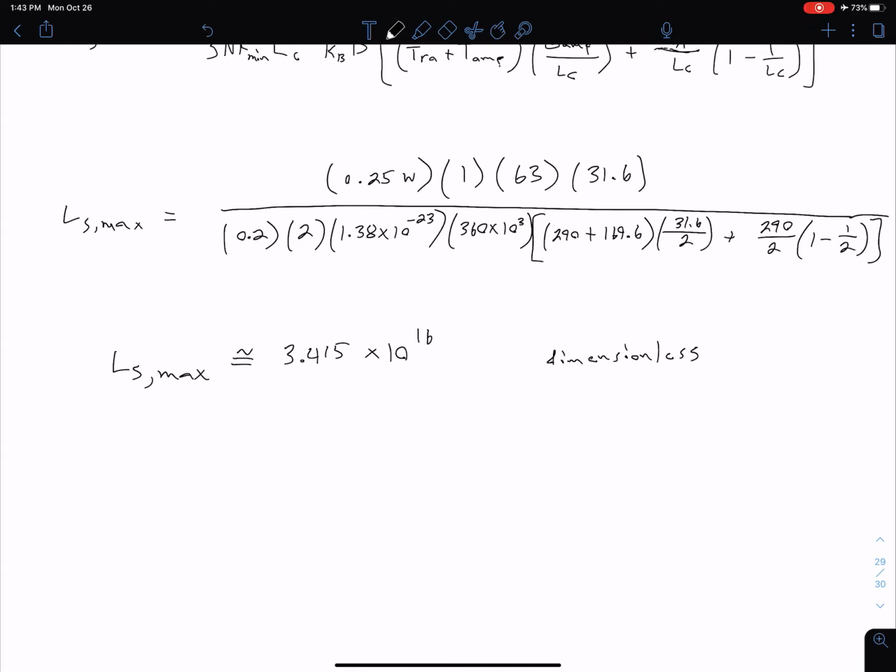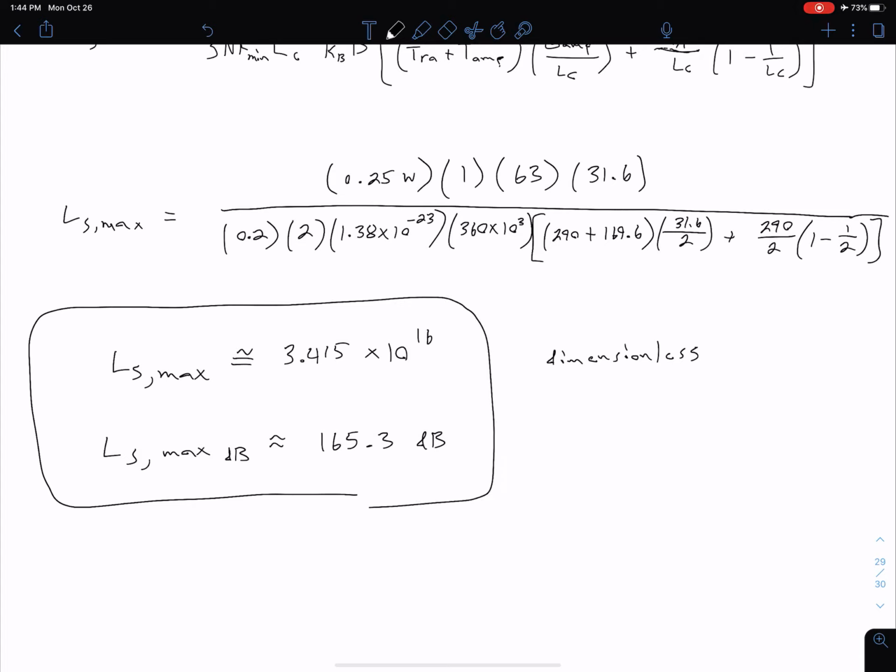So oftentimes though, we'll express this in terms of decibels. So if we do 10 log base 10 of that value, we can get our LS max in dB. And we find that that is approximately 165.3 dB, which is a fairly large amount of space loss that we can allow and still have our system operate properly.